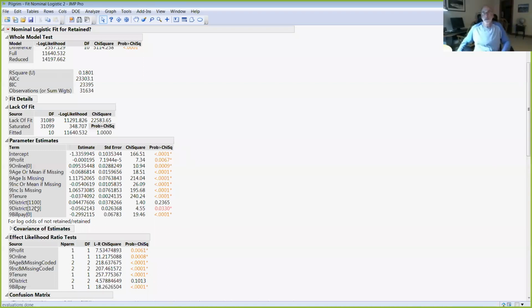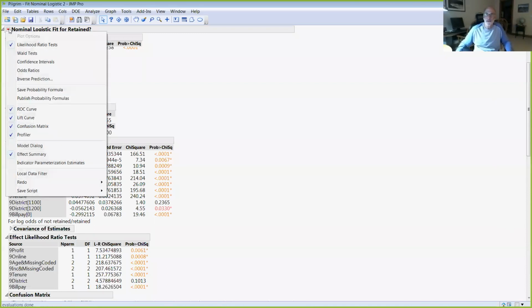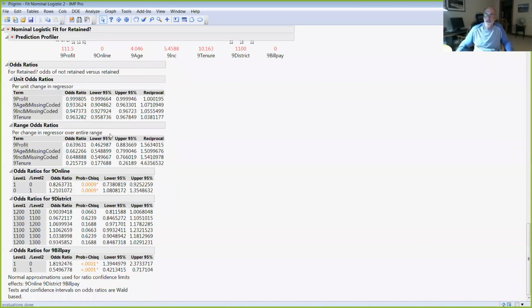And you get interpretations for each variable, that if you want to increase that variable by 1 unit, which is never the way you'd want to do it, you'd want to look at the odds ratios because they're easy to interpret. So focusing on bill pay, for instance, for a bill pay customer, the odds of losing the customer are anywhere from 39% higher to 137% higher.